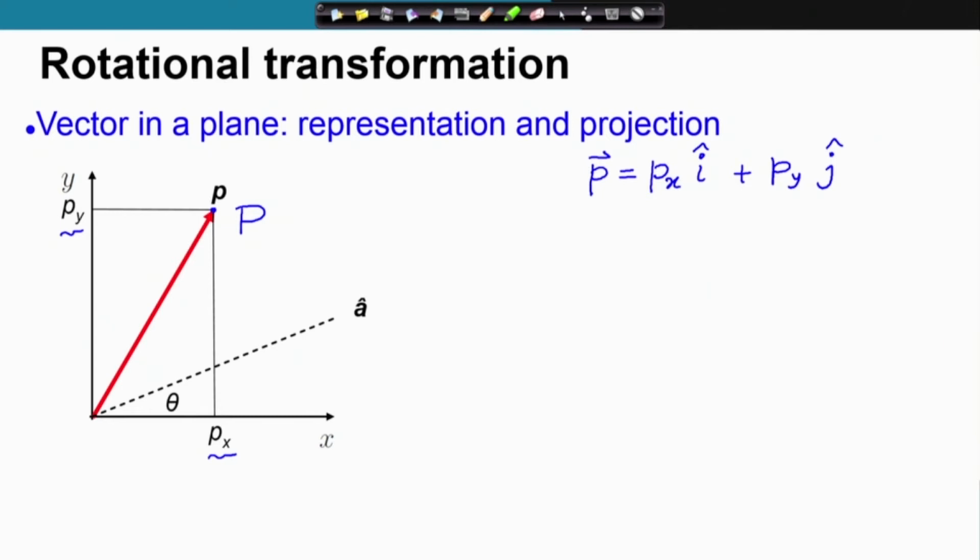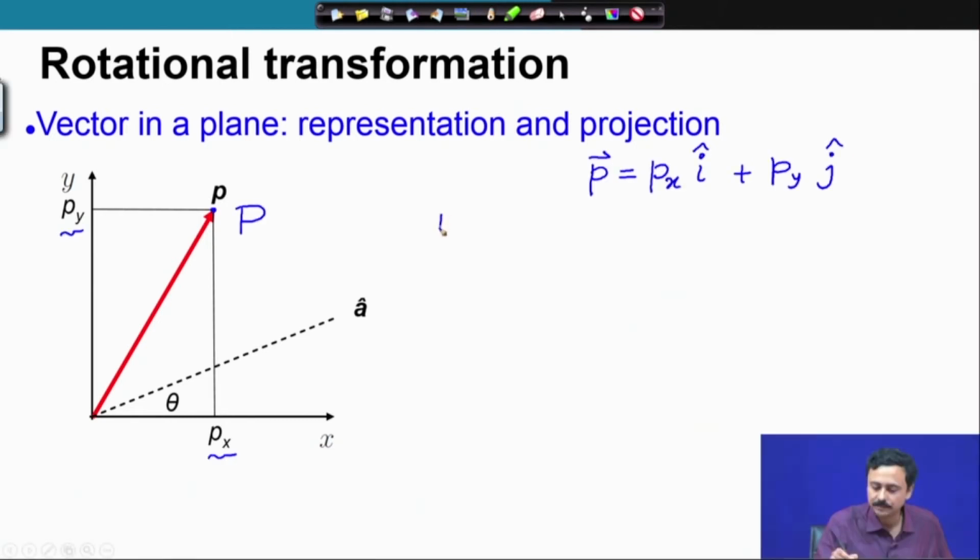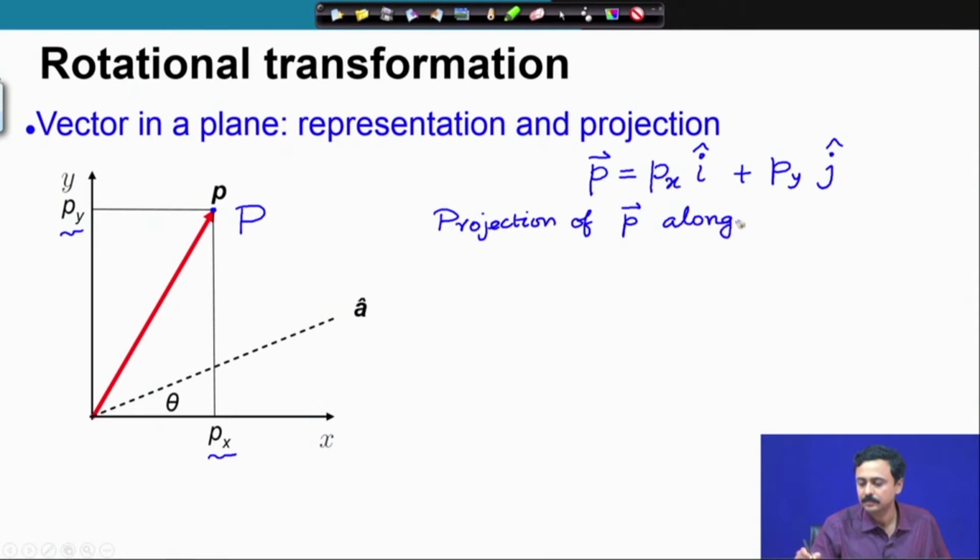I would like to find the projection of the vector p along a cap. So, I want to find out the projection of the vector p along the unit vector a cap.